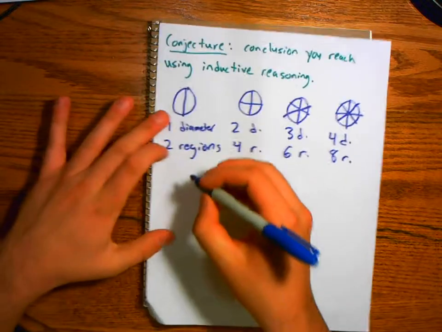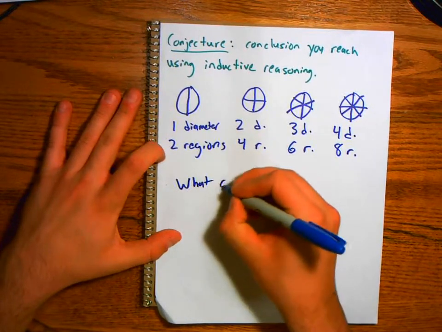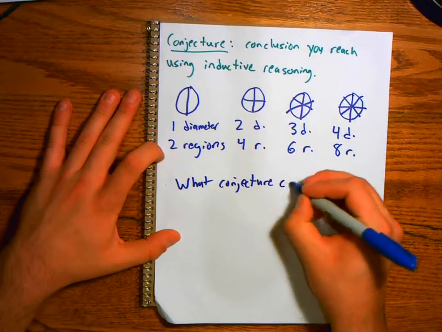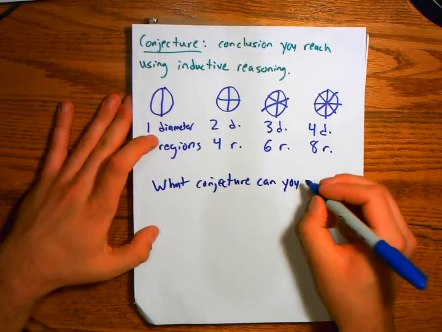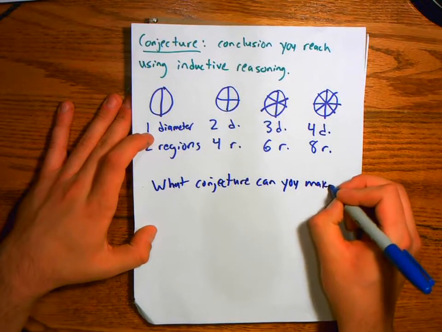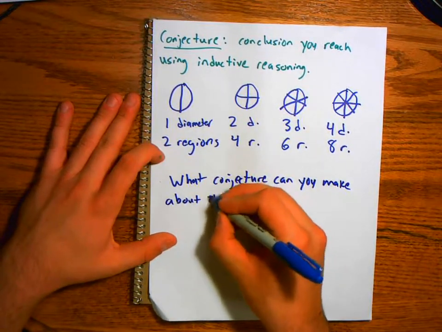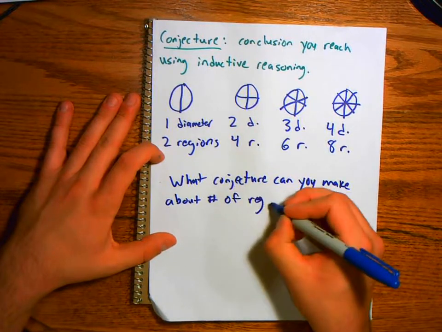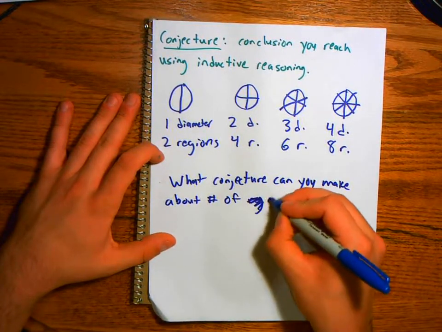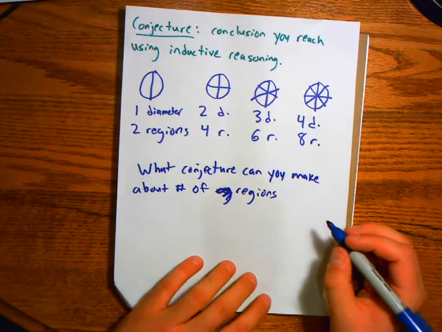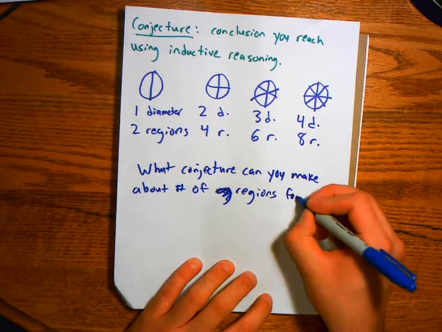So what conjecture can you make about the number of regions for 20 diameters?